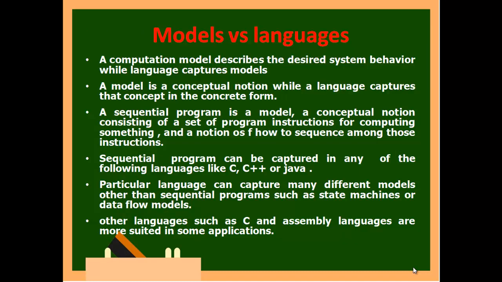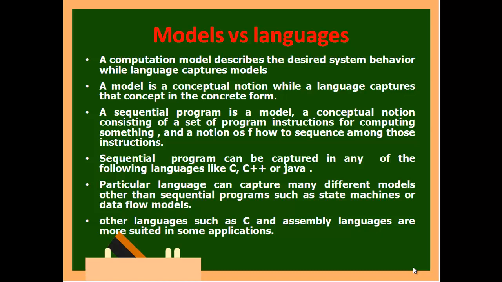So what is the difference between a model and a language? A language is like C, C++, Java, all that we call a language. And a model, I will just give a brief, is the way you are going to represent to your higher official what you are going to do. That model will be converted into a program with the help of a language.